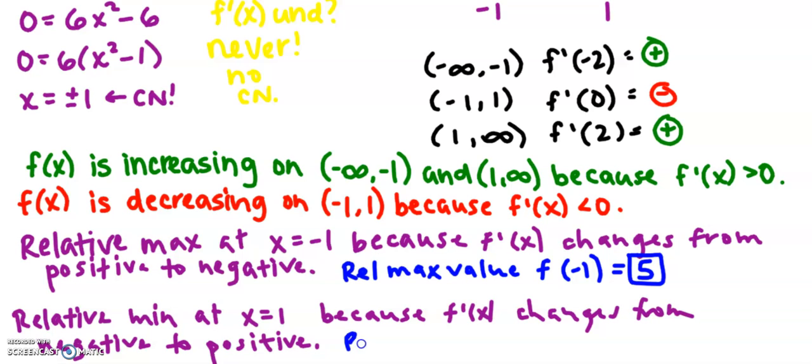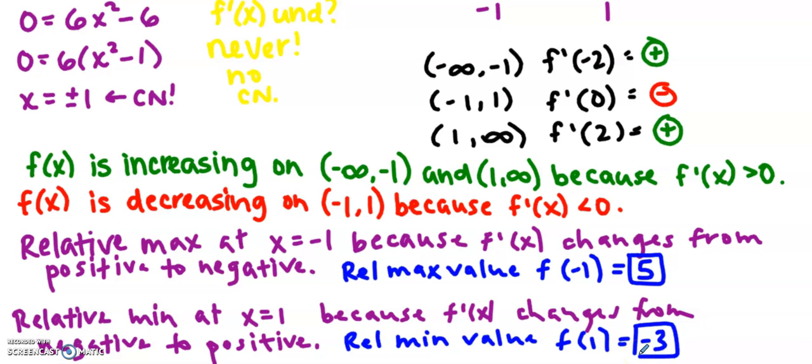And this one then, if I wanted to know what is the low value, the relative minimum value would be f of 1, which in this case happens to be negative 3 if you were to substitute 1 back into the original function.